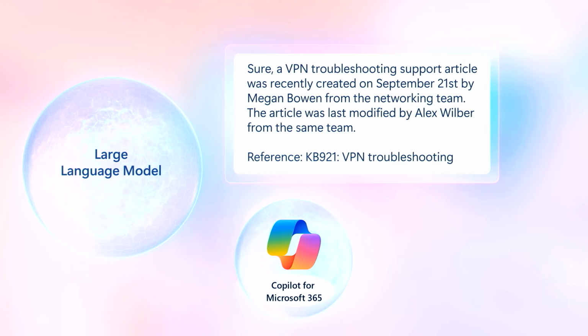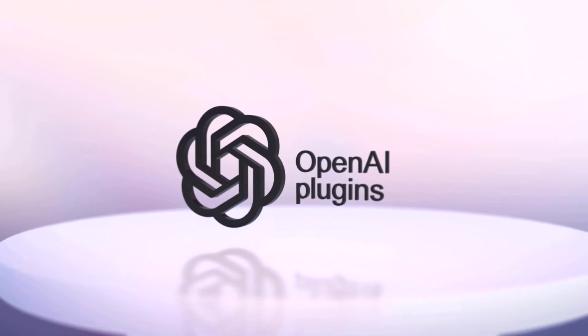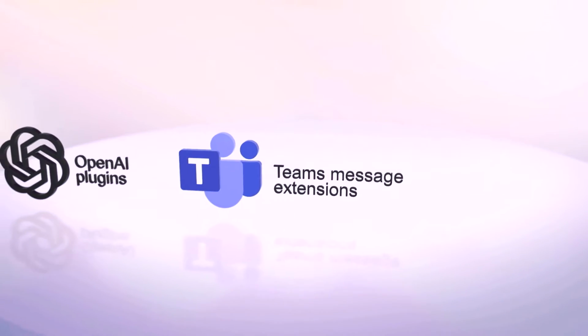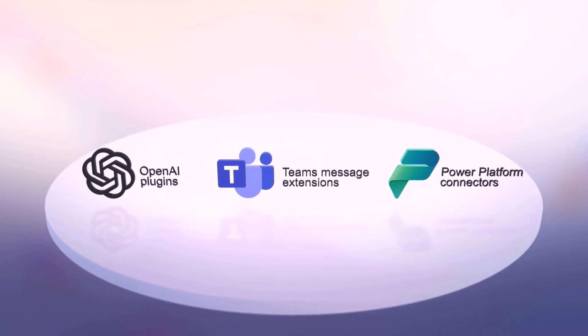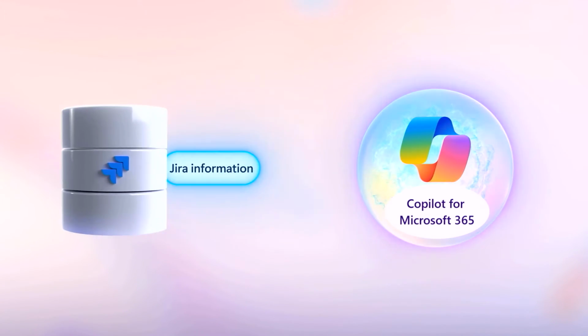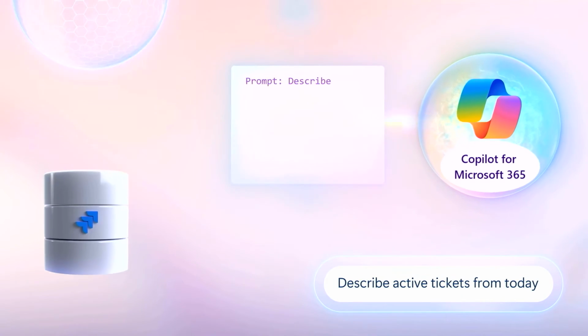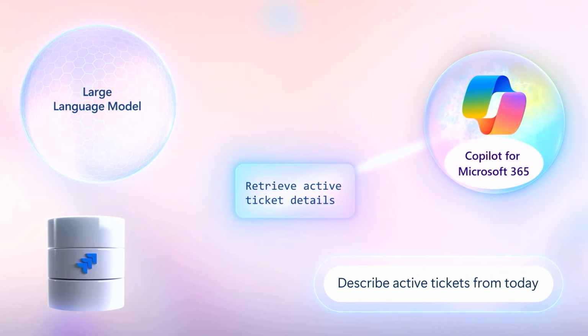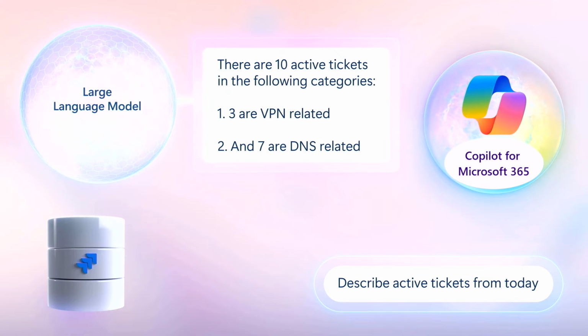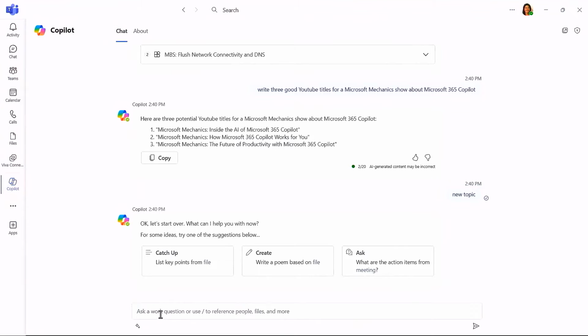And the second option uses managed and trusted plugins, of which there are three types: OpenAI plugins, Teams message extensions, and Power Platform connectors. And with plugins, instead of pre-indexing information, they optimize for real-time API-based data retrieval, and they can optionally even write back the data. And both of these can work together even in the same prompt.